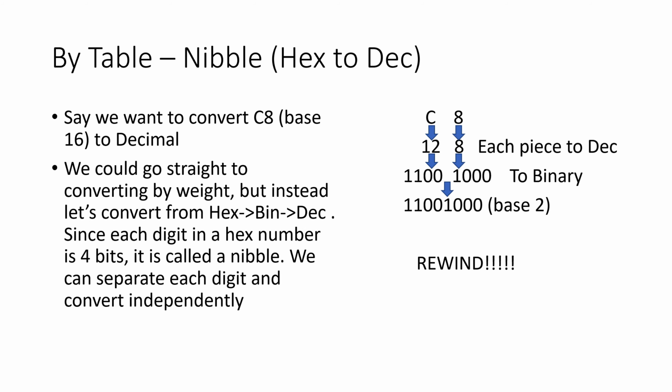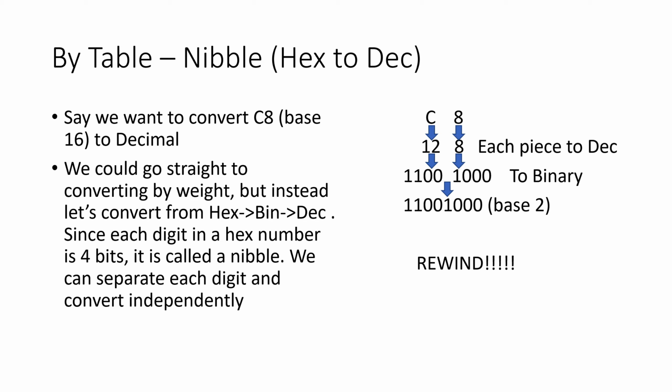Next, by table nibbles. Alright. So for this one, I decided to convert from hex to binary to decimal. Because why not? Starting off here, we have C, and if you remember previously, C is 12. And then, of course, you're left with C and 8.